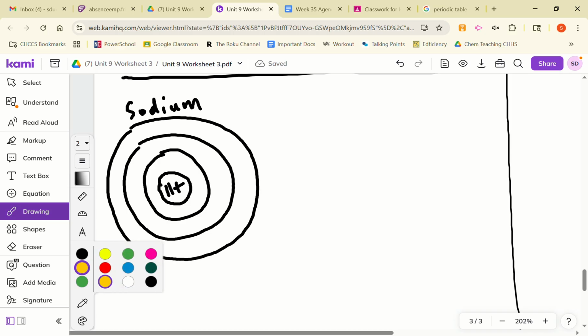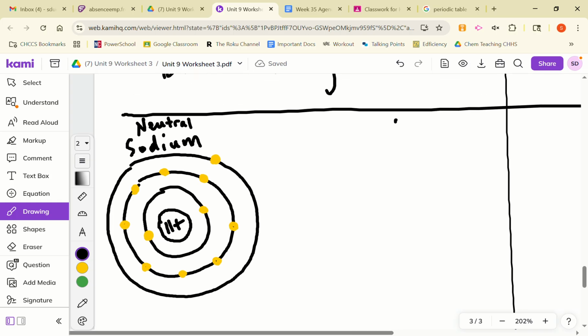And it also has 11 electrons. 1, 2 on the first ring, 1, 2, 3, 4, 5, 6, 7, not 7, 8 electrons on the second ring, and 1 electron on the third ring, so that we have a total of 11 electrons. So this is neutral, maybe we want to label it, neutral sodium.